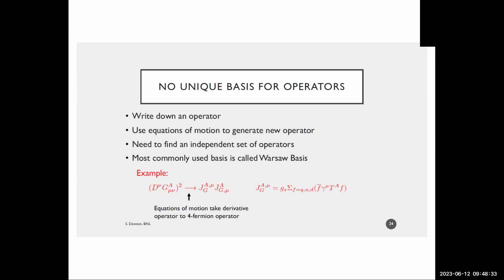Using the equations of motion, it's related to a 4 fermion operator, g_s F bar T^A F. So the equations of motion can be used to take operators which involve derivatives into operators which involve 4 fermions, and you can keep applying equations of motion to your operators until you're bored.